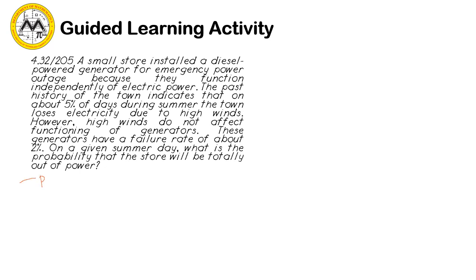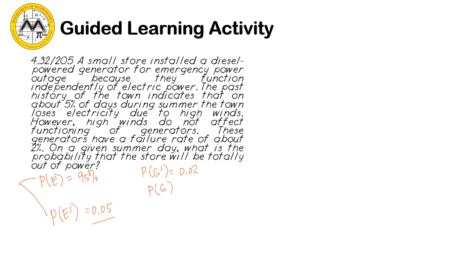So we have electricity 95% of the time, and 0.05 no electricity. That is why they use a generator. The probability that a generator will not function is 0.02. This is the failure rate of the generator.